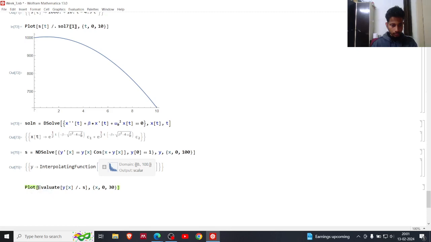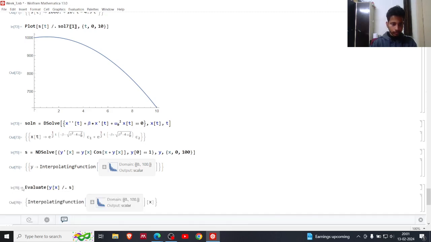So let's just run up to this point and see what happens. So evaluate is basically the interpolating function, so it is going to give this thing.